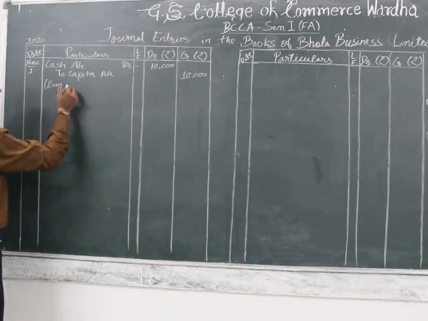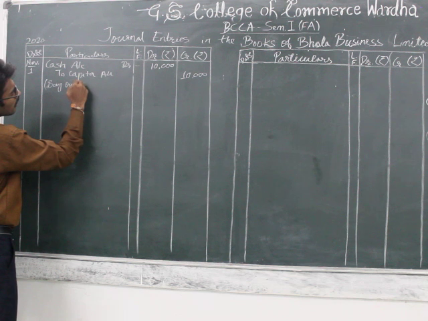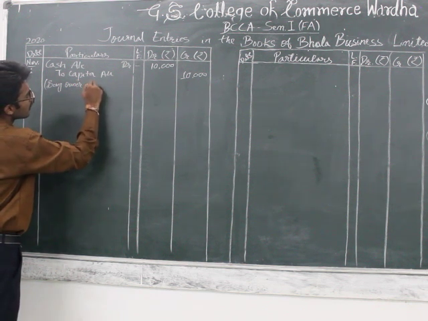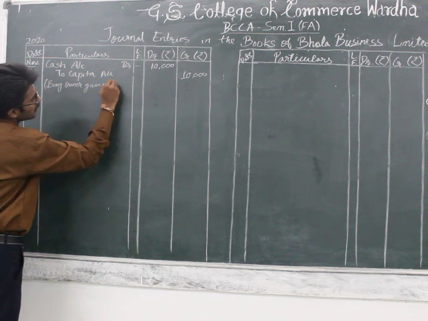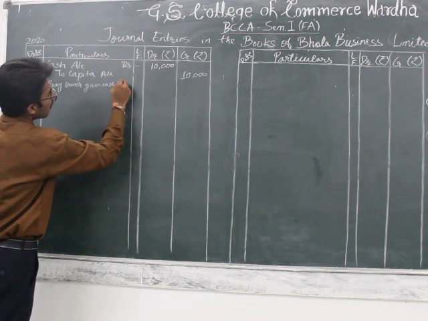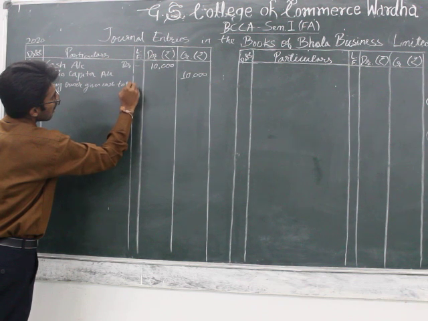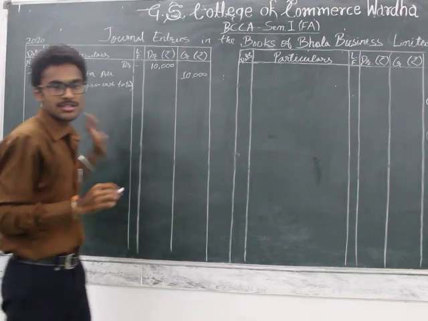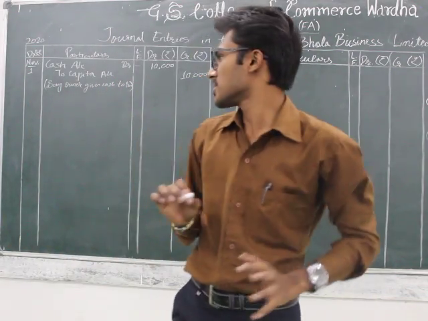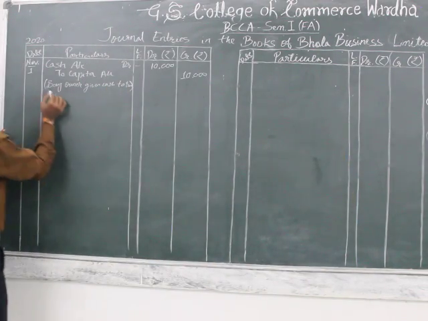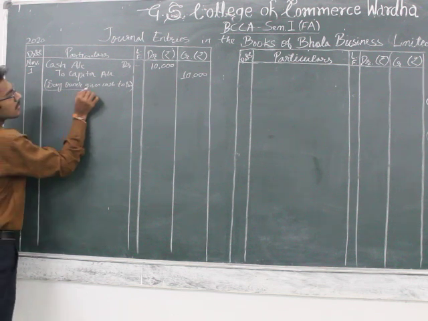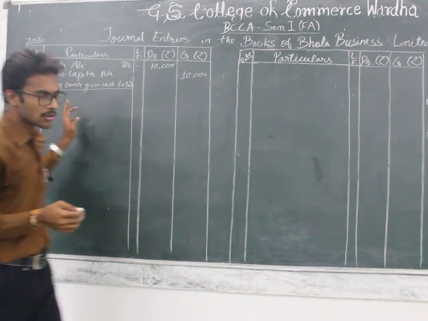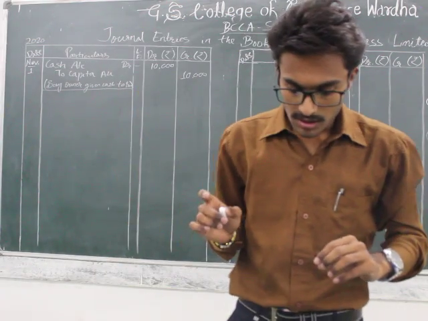Simply we can write here: owner given cash to business. That is how we can prepare our journal entry and write the narration. We will now close this entry and prepare the other one. So we have completed the first entry.